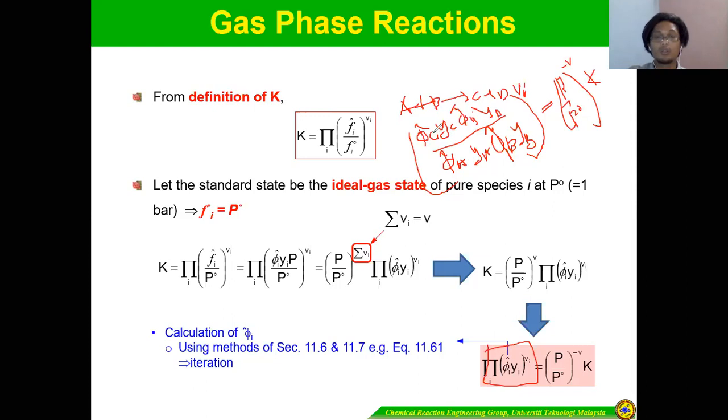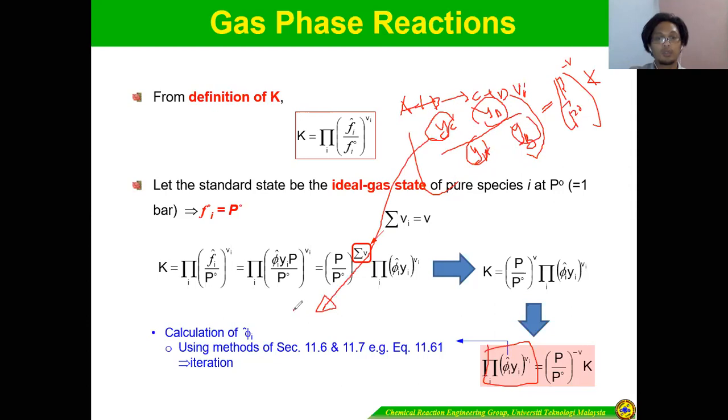If ideal, we just use it like this. So how can we determine yC, yA, yB, and yD? You have to remember the previous part.